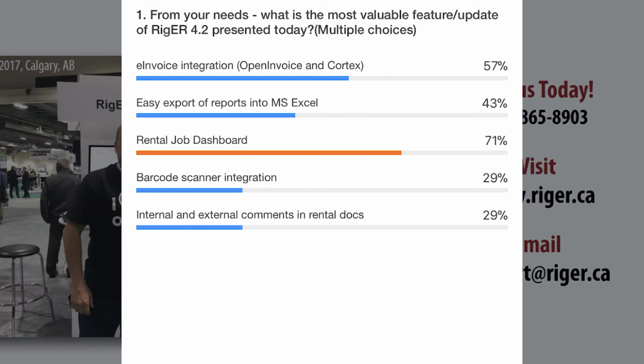I know that we need to add some features to the rental job dashboard to make it even better. However, the second result is OpenInvoice and Cortex integration. The third is the export to Microsoft Excel, and the rest are barcode scanners integration and internal and external comments, which are also very, very useful features.